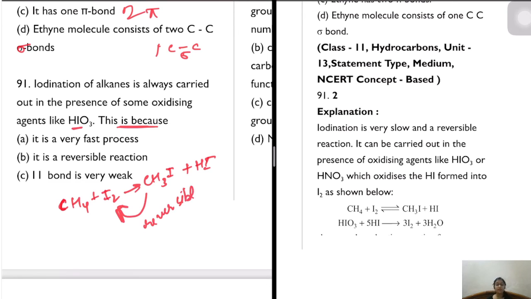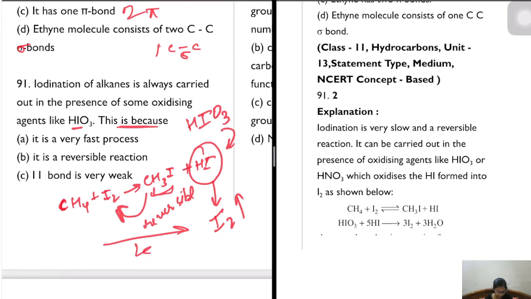According to Le Chatelier's principle, if we need to move the reaction in the forward direction, then one of the products should be diminished. What we do is add HIO3 so that it oxidizes HI to I2, which in the form of vapors can evaporate and escape the reaction. The reaction will move in the forward direction. So this is the answer.